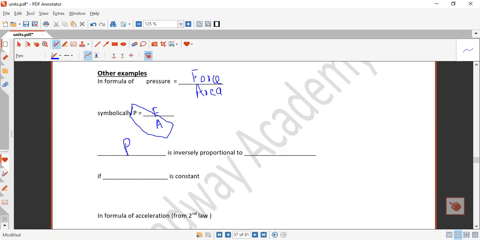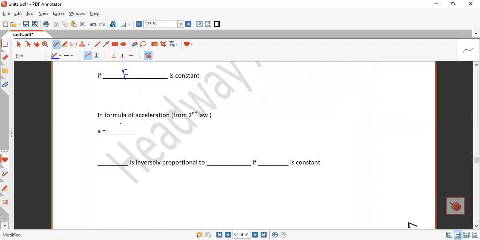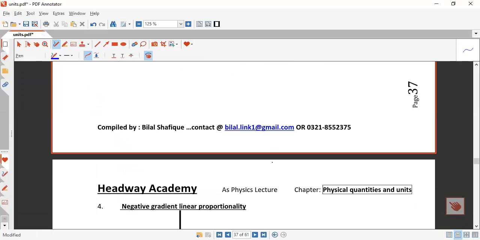So pressure is inversely proportional to the area if force F is constant, right? And from the second law, we can also write A equals F divided by M. So students, A and M are again inversely proportional. So A is inversely proportional to M if force is constant, right? So these are the things that show us inverse proportionality.